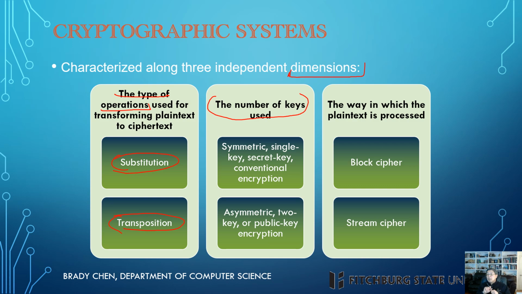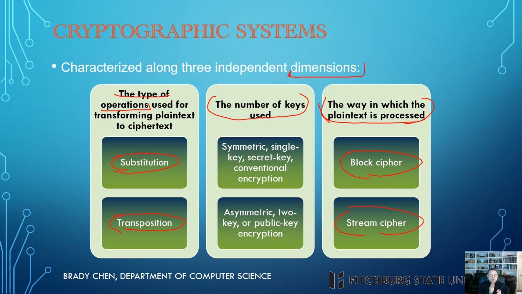Now, the third dimension, or the last aspect of the cryptographic systems, is the way in which the plaintext is processed. There are two ways: block cipher and stream cipher. A block cipher processes the input one block of elements at a time.